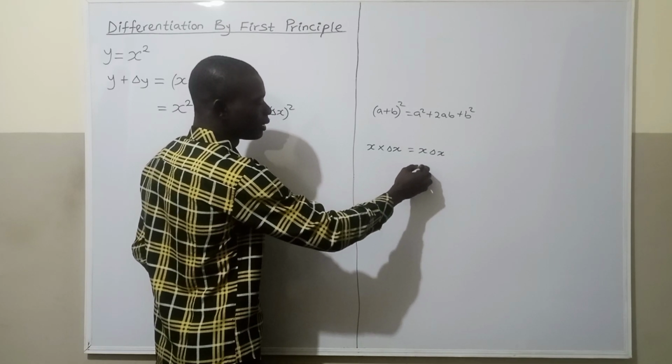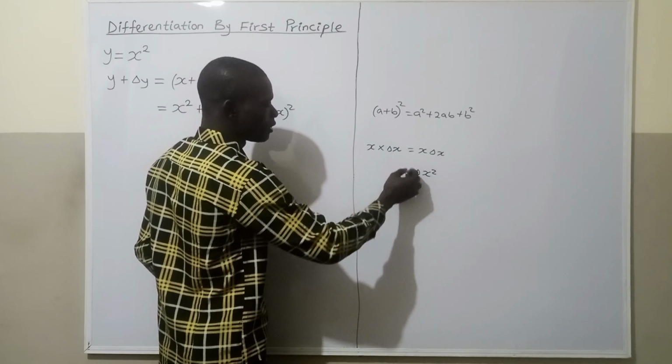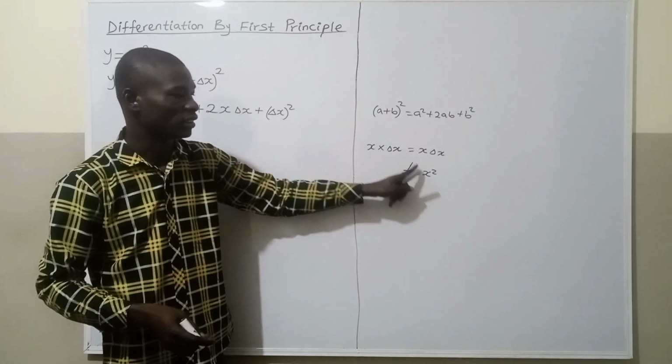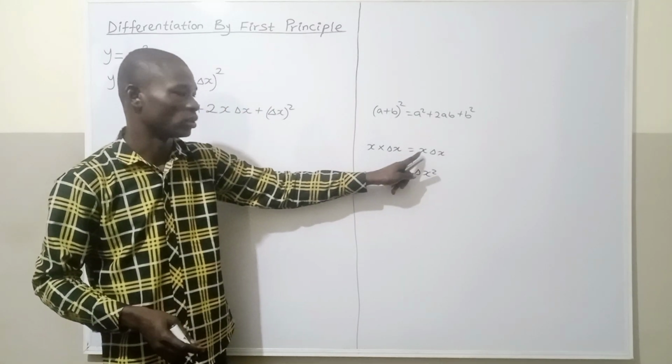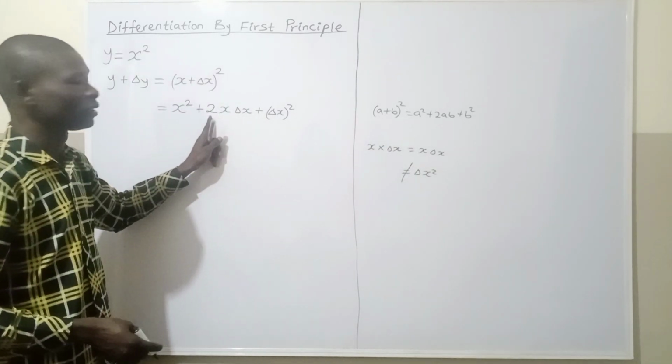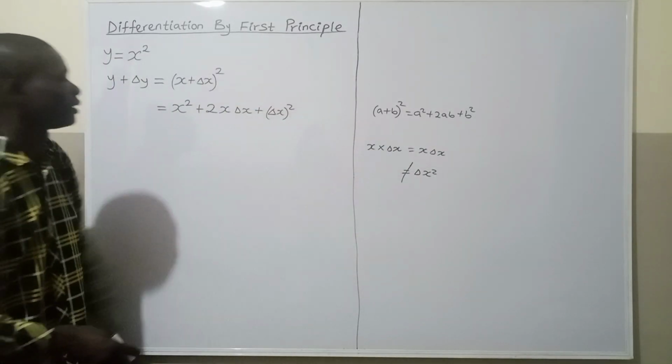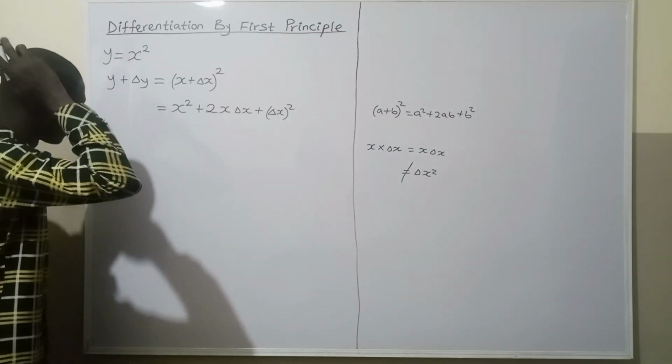If you write delta x squared, please, you should know that it's already wrong. X multiplied by delta x is not delta x squared, but it is written as what? X delta x. And that's why we have this one to be 2x delta x. And then the last part, which is delta x squared. So that is what we have in that.